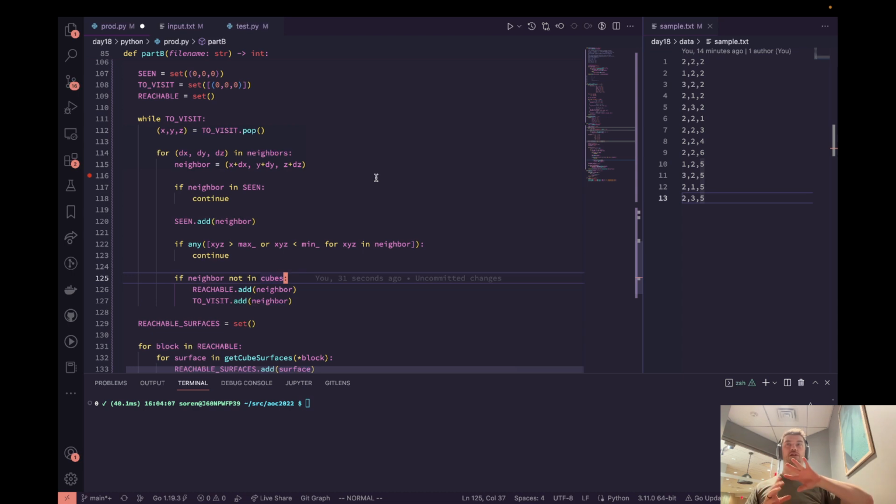So we start somewhere, and then we go in all the directions, and if there isn't a cube there already, that means that it's reachable, and then we add it to the list of reachable, and we add it to toVisit, and then we keep going, and eventually that searches the entire area.